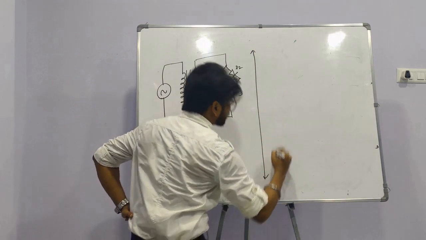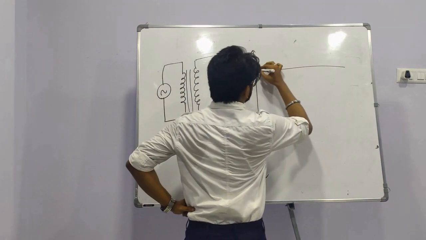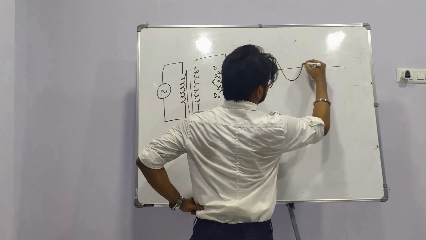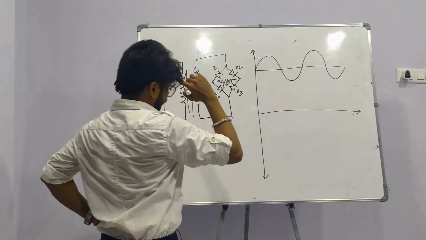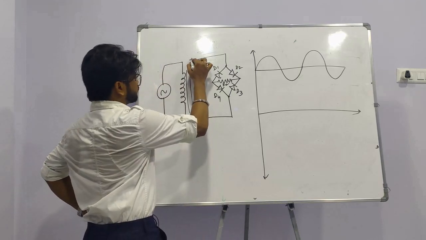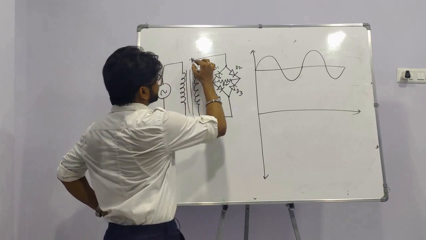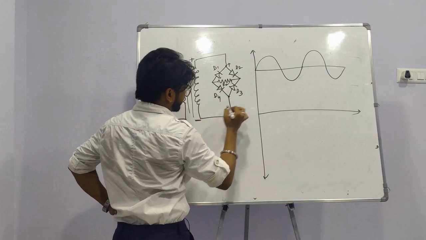Now, assuming a sinusoidal input, we'll check the output. So in the first half cycle, this is positive and this is negative. So the positive is connected here and negative is here.